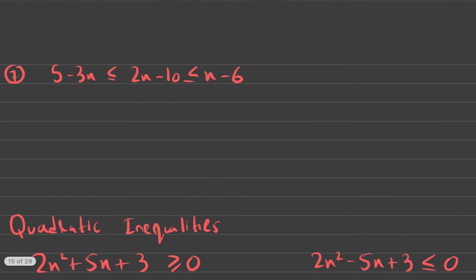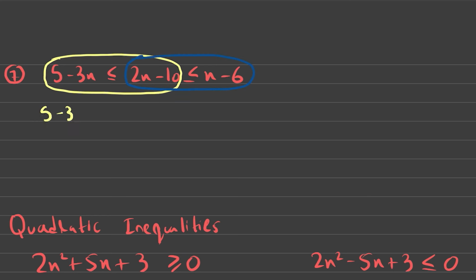Now, let's proceed further. Now, this is a two-sided inequality. Let's begin with that. In a two-sided inequality, you break it into two parts. That's what I did. So 5 minus 3x less than equal to 2x minus 10. Do you get this?